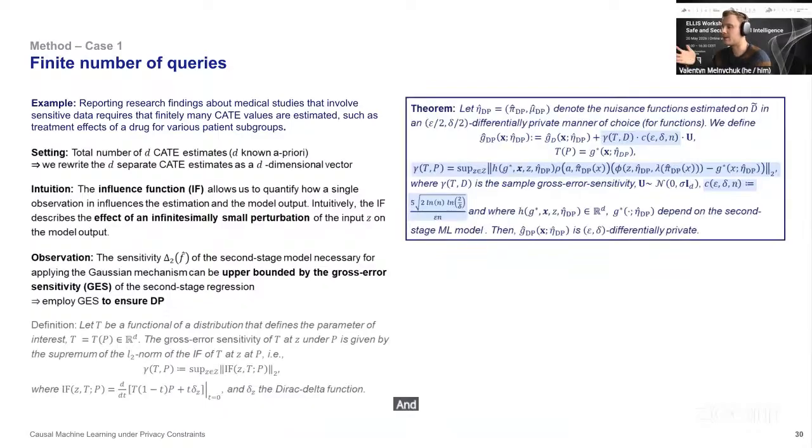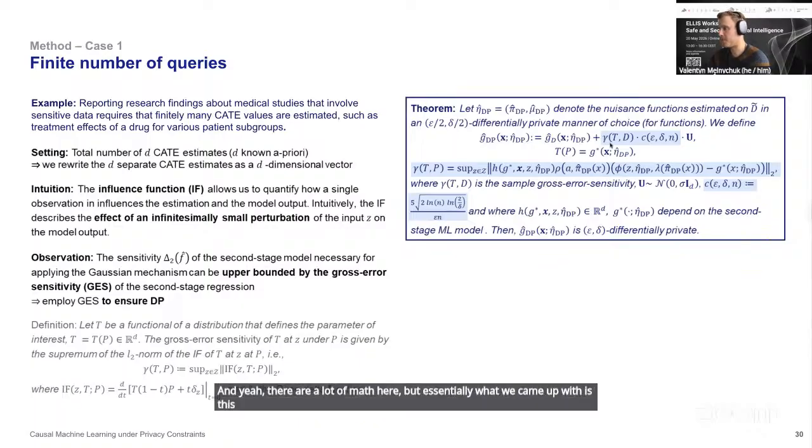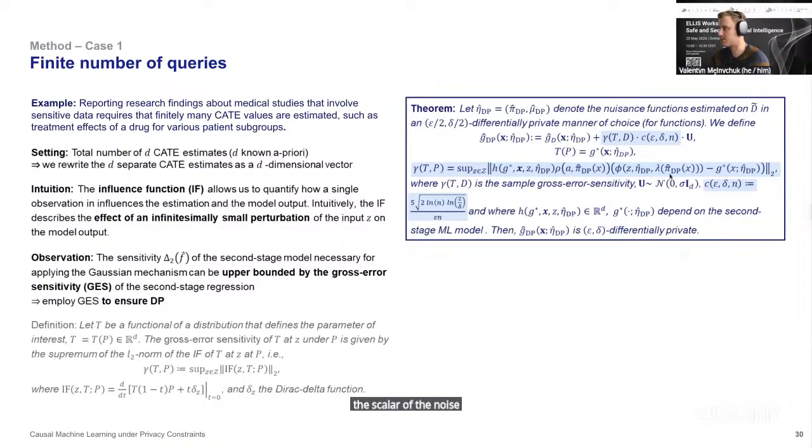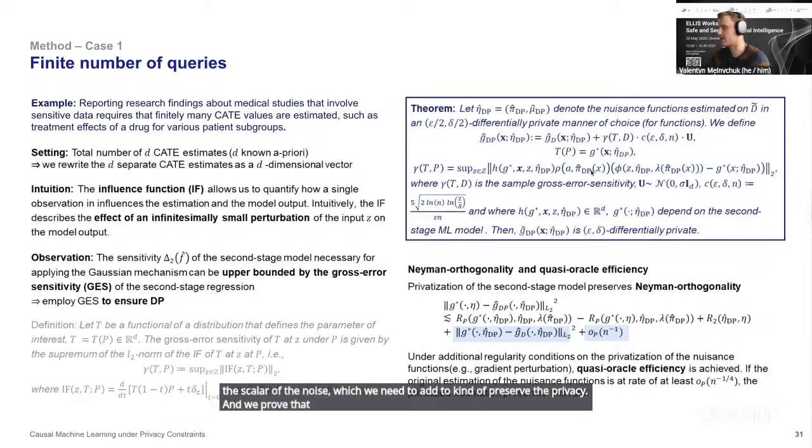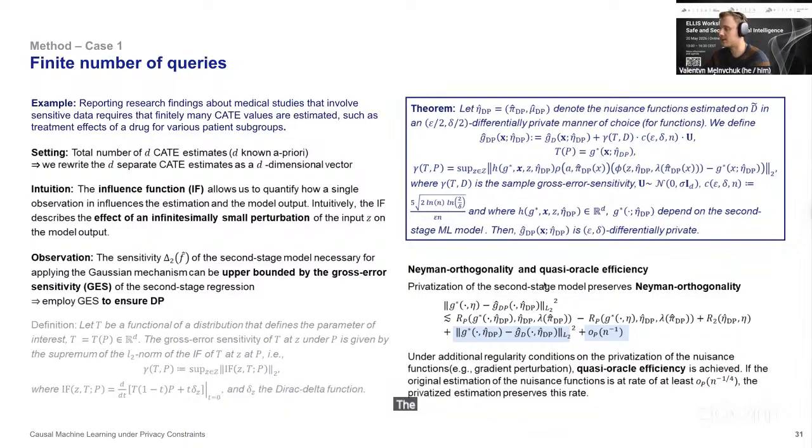There is a lot of math here, but essentially what we came up with is the scale of the noise which we need to add to preserve the privacy. And we proved that even when we add this noise, the properties of Neyman orthogonality and quasi-oracle efficiency remain. So it's still possible to do consistent estimation. The noise that we add is small o of 1 divided by n; it goes to 0 as we increase the dataset size.